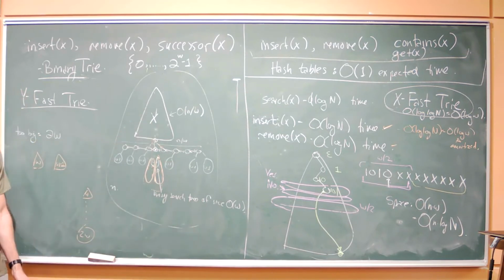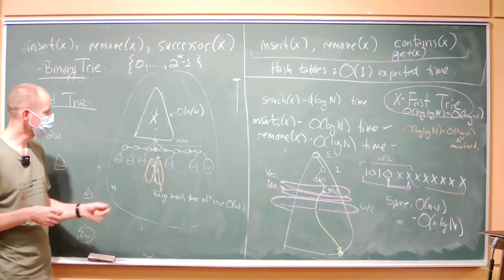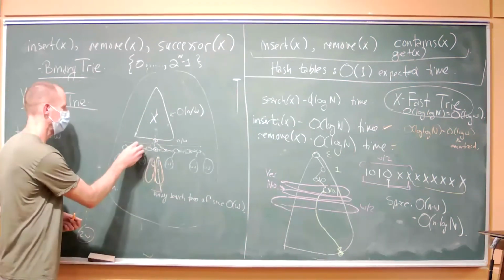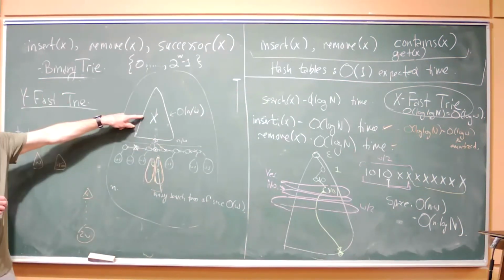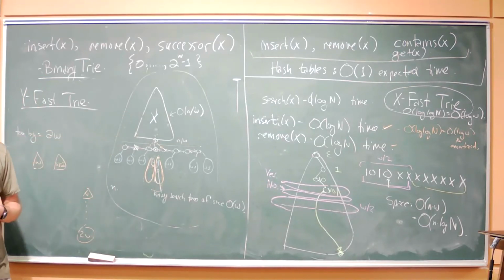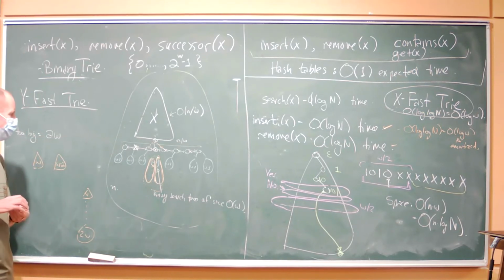So that's one issue. Another potential issue is you ask me to remove X, and I go searching for it, and I find it in one of these nodes that's in the XFAST tree. What do you do then?